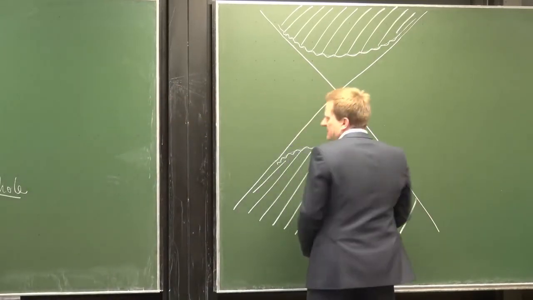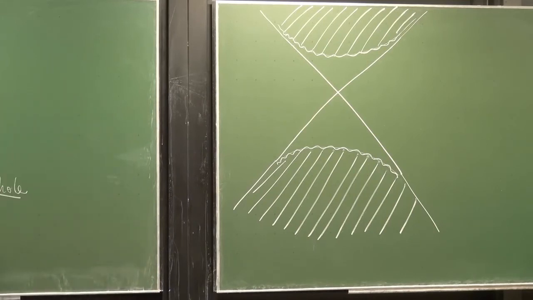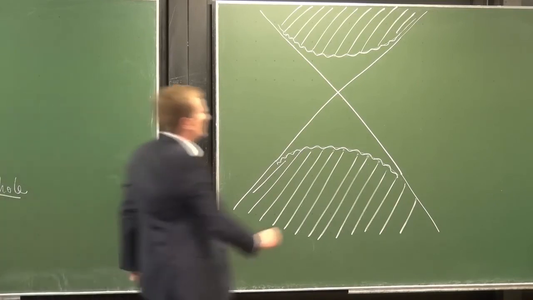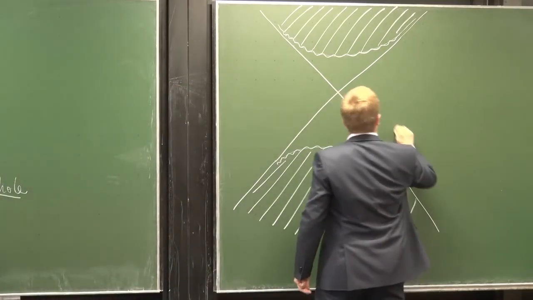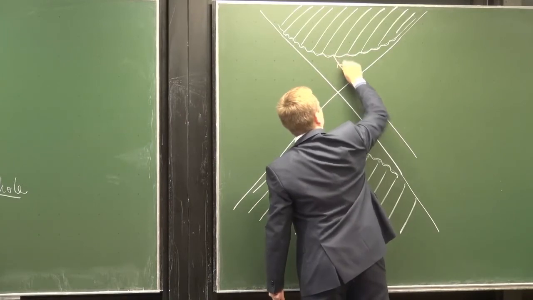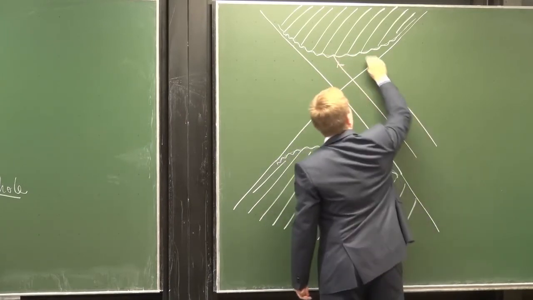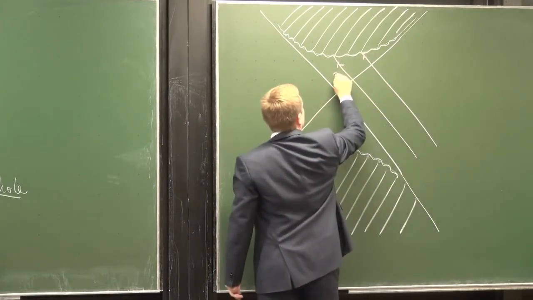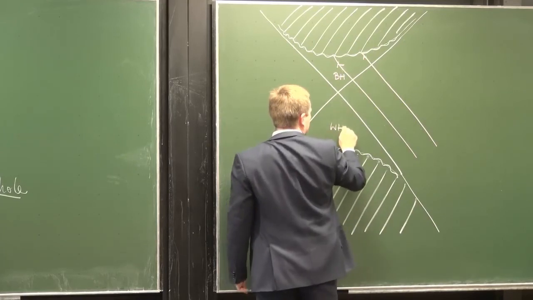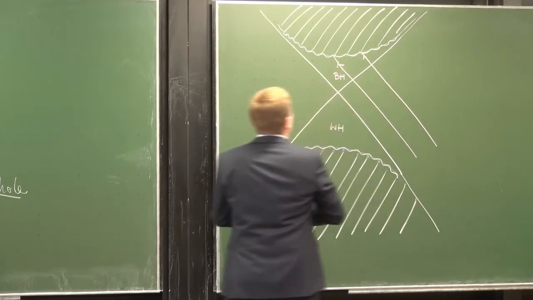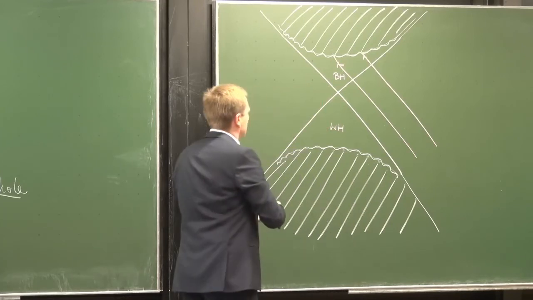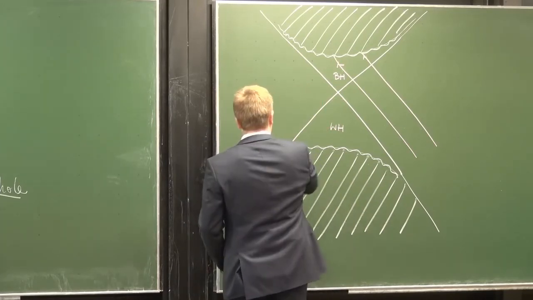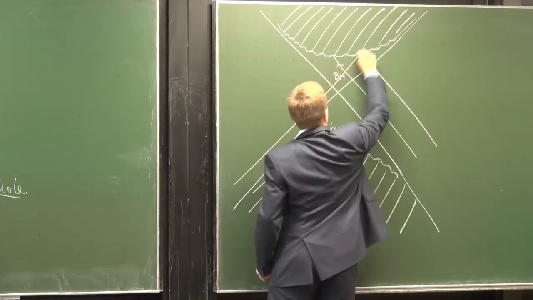And indeed, null geodesics, you see why I confused this. And the null geodesics here, they all run like this. They hit here, you call this the black hole, you call this the white hole, right? You have other null geodesics running like here, they come from infinity and they run like there.